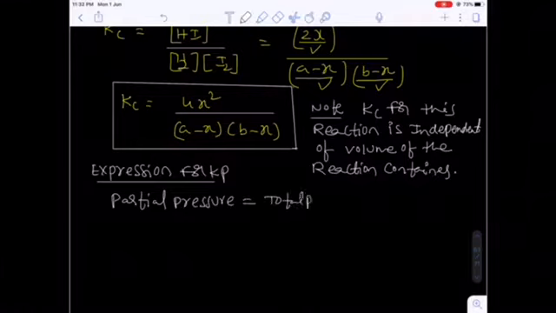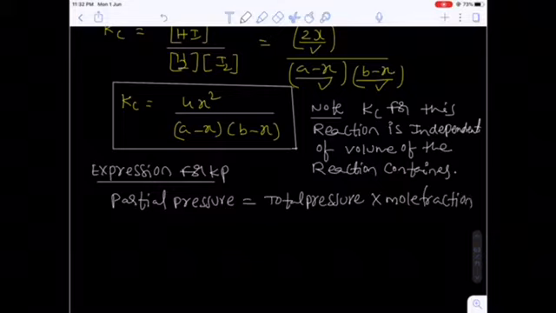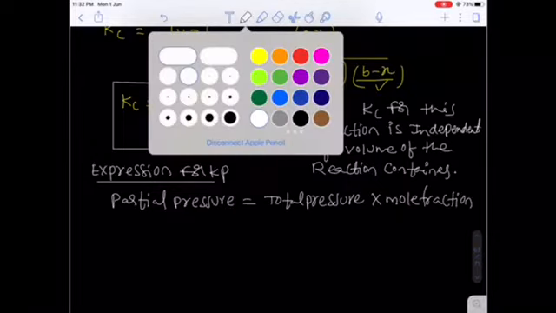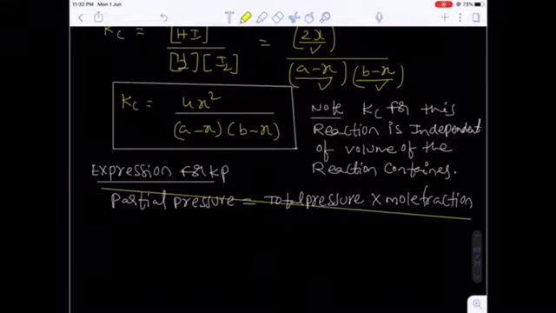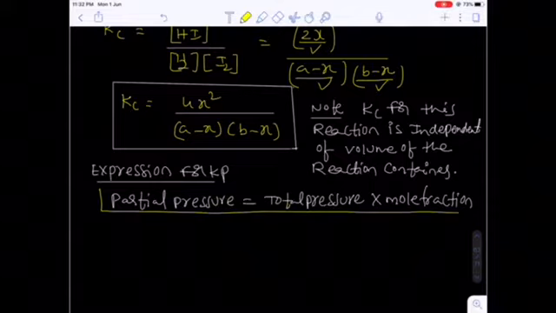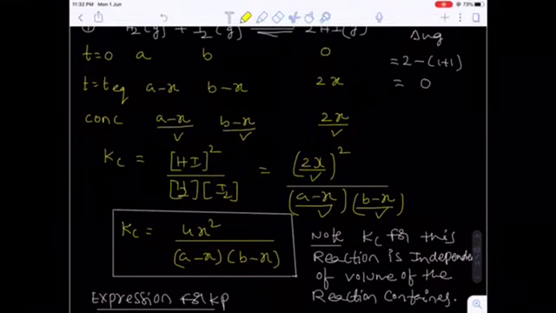Partial pressure will be equal to total pressure multiplied by mole fraction. Partial pressure will be calculated from total pressure multiplied by mole fraction.